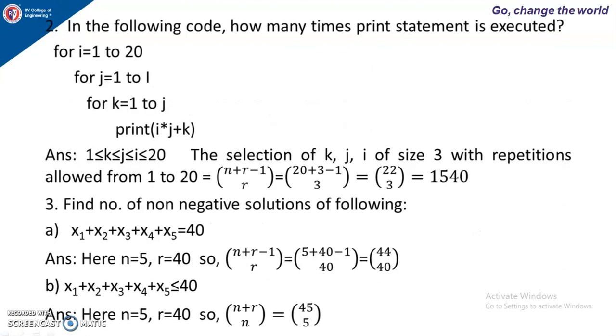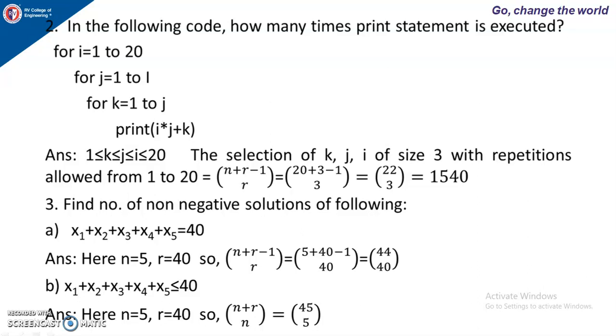Second example, in the following code, how many times is the print statement executed? The statements are: for i equal to 1 to 20, for j equal to 1 to i, for k equal to 1 to j, print i times j plus k. The answer here is the number of triples with 1 less than or equal to k less than or equal to j less than or equal to i, and i less than or equal to 20.